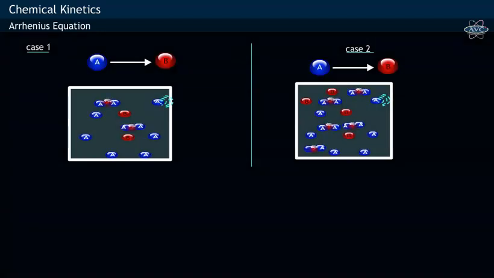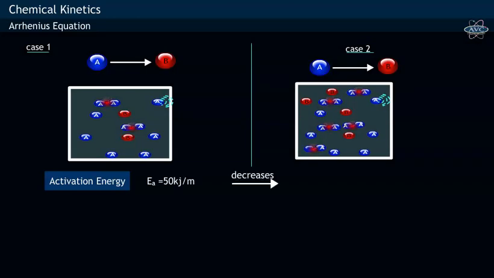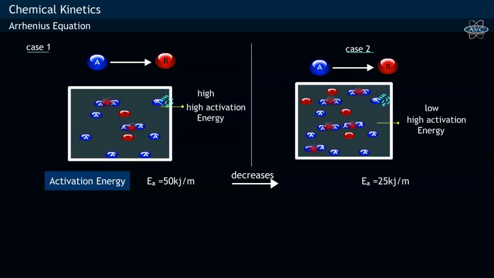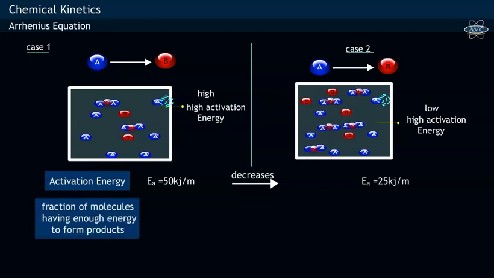From these two cases, it is clear that on lowering the activation energy from 50 kilojoules per mole to 25 kilojoules per mole at constant temperature, the number of molecules which are reacting increases from 1.20 molecules to 38,400 molecules.